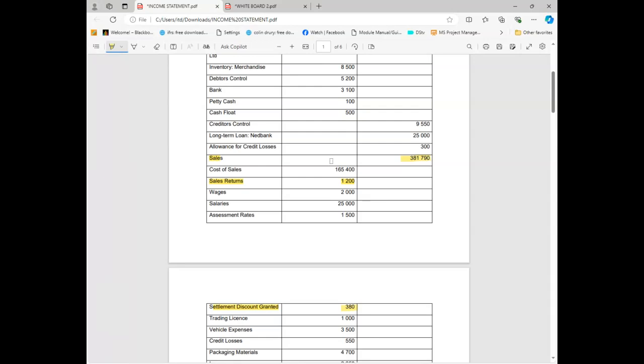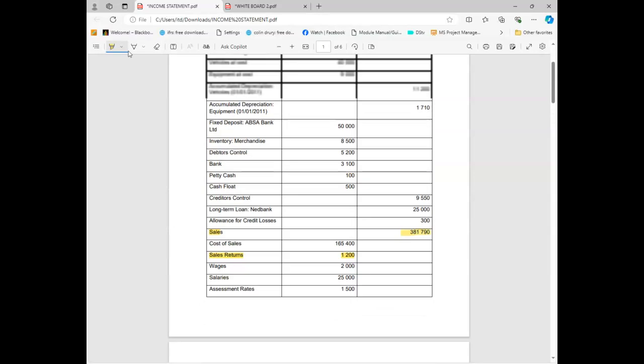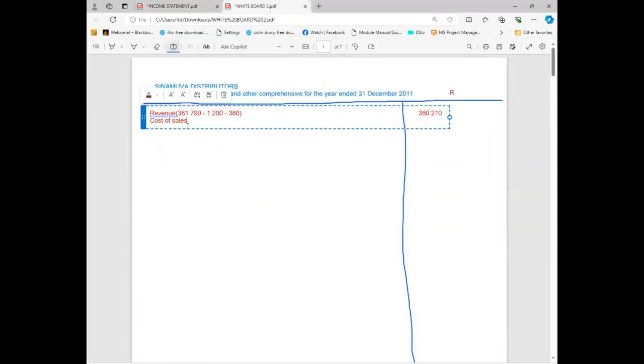So obviously, if you've got settlement discount received, not granted, remember, granted went to sales. The received one, if you have it, you must minus it. Let's double check if we have settlement discount received. Have cost of sales like this now.